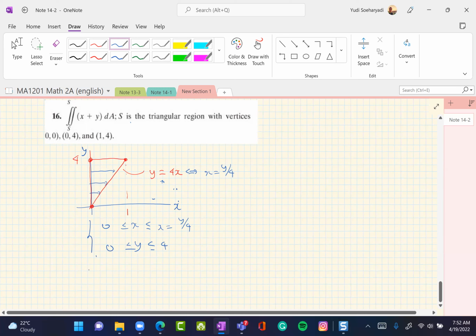Or in the other direction, if you proceed this way first, the green one, y goes from y equals 4x to y equals 4, and x varies from 0 to 1.